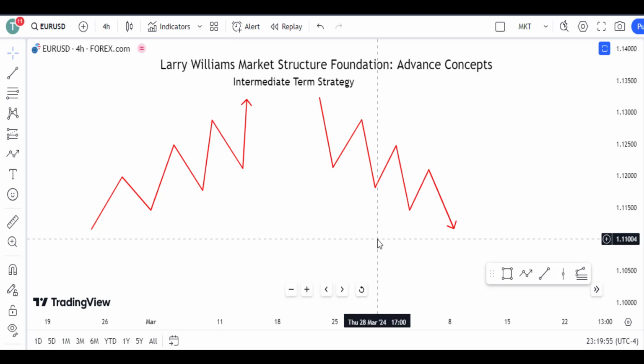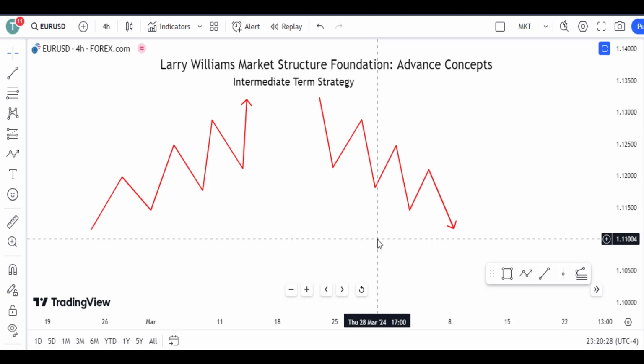Once you understand this, it's really all about nesting swings together, fitting the pieces of the puzzle into their proper places to give us an understanding of the structure of the market activity. The beauty of this intermediate term strategy is you can identify it at all times and for all the markets, whether the trend is based on a price structure or up and down.